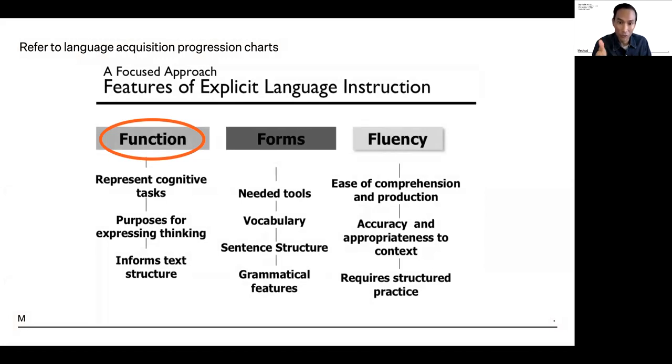You teach them the form, the language that they have to know, like the vocabulary and sentence structure, focusing on maybe 1, maybe 2 a day, and then give them that opportunity to practice that fluency. Pair share, prompts so that they can participate in group discussion. These are all ways that you can combine function, form, and fluency.